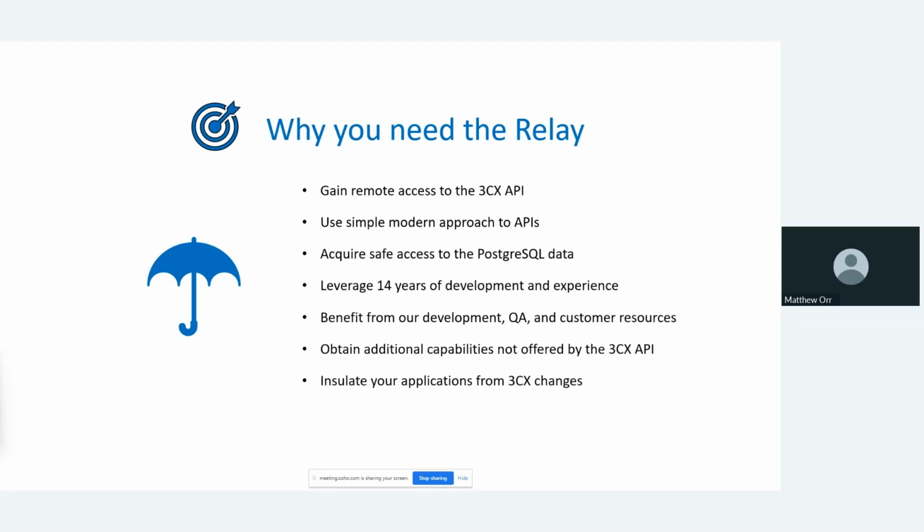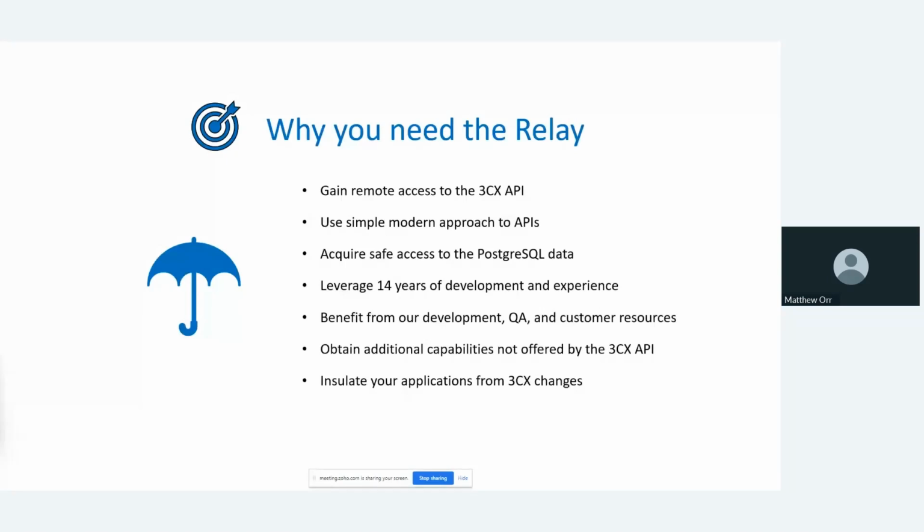The theory here is that we update the relay and all of our applications instantly become compatible with the latest version of 3CX. So using our APIs and our relay to communicate with 3CX insulates you from some of the unpleasantness that is possible when 3CX makes changes.